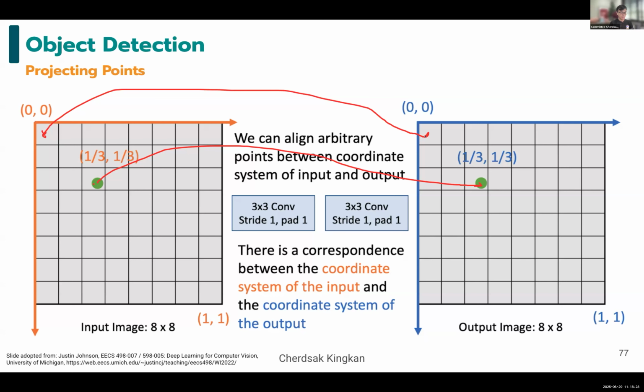So the objective that we want to achieve here is that we have a feature map, right, after we run the entire image through a CNN network here. So what you get out from this network is a feature map.